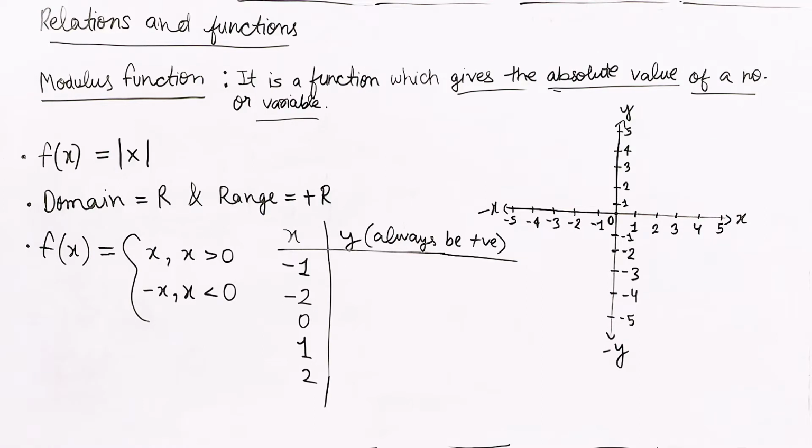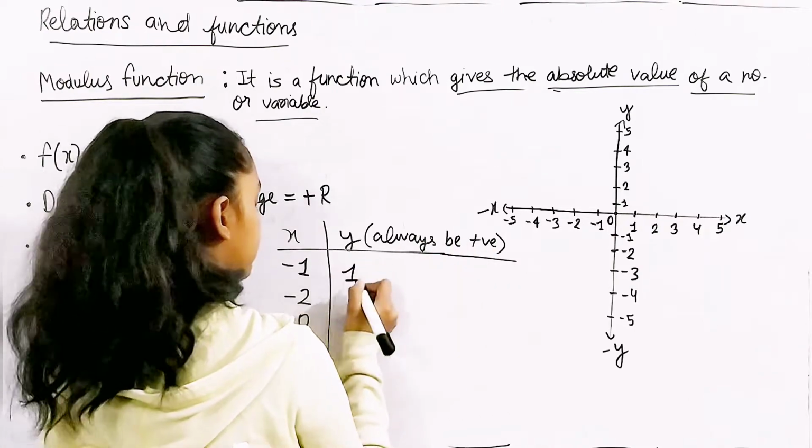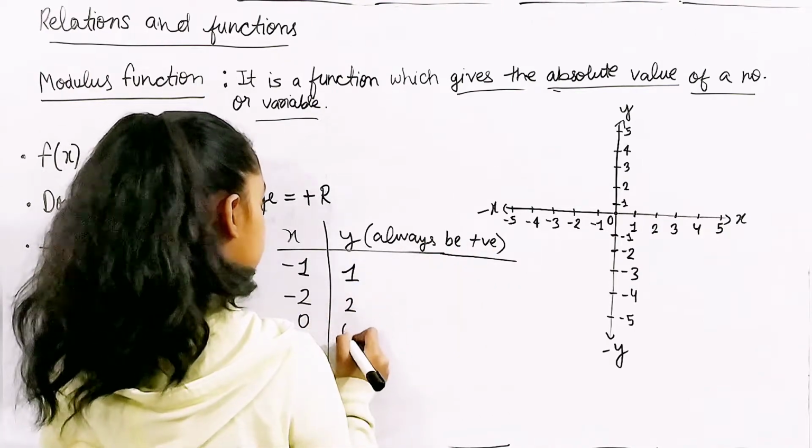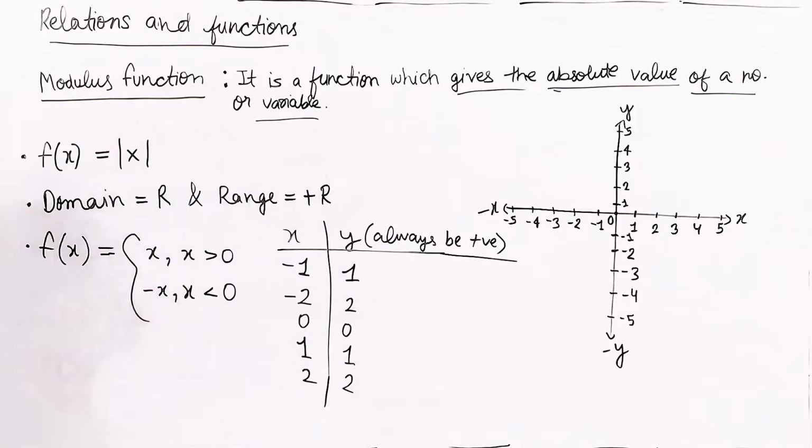It's really simple. The negative value will become positive, so it will be 1, this will be 2, this will be 0, this will be 1, this will be 2.